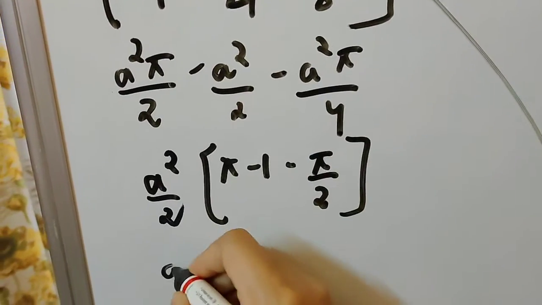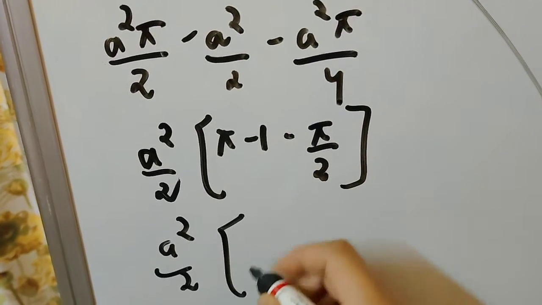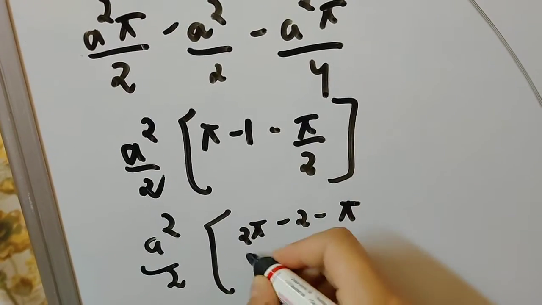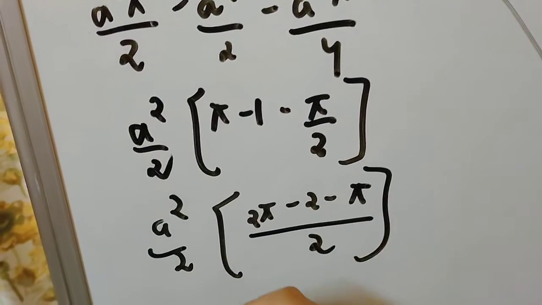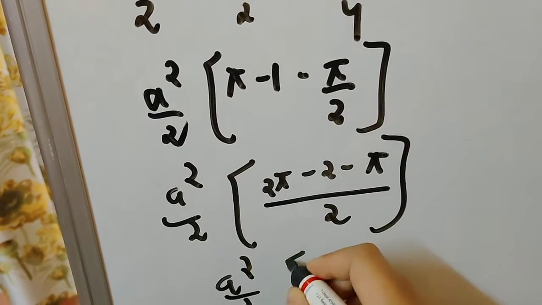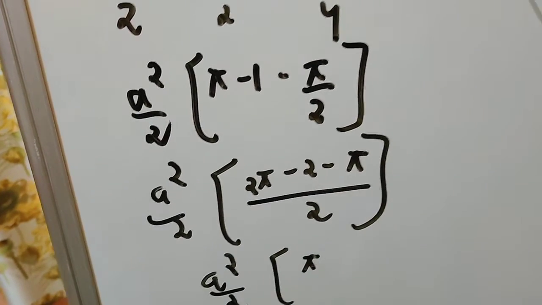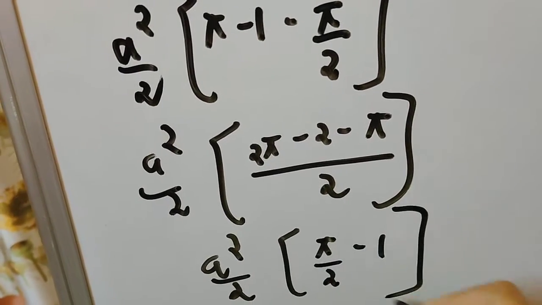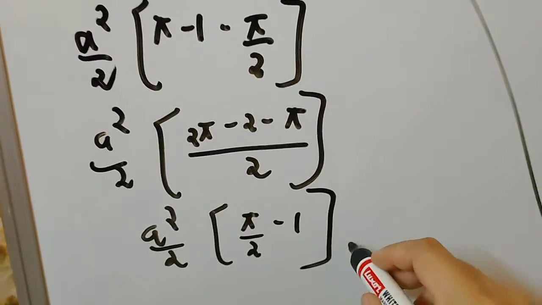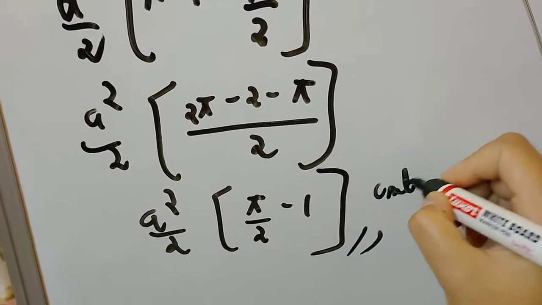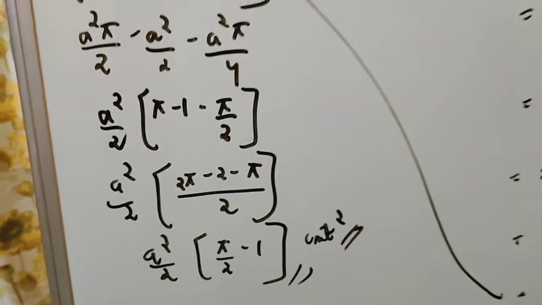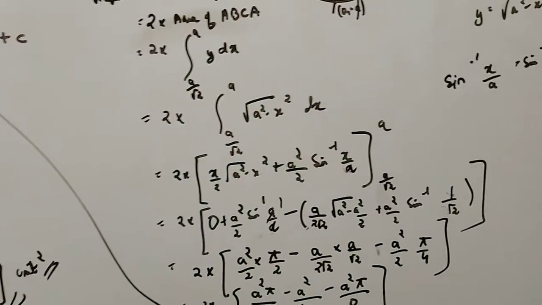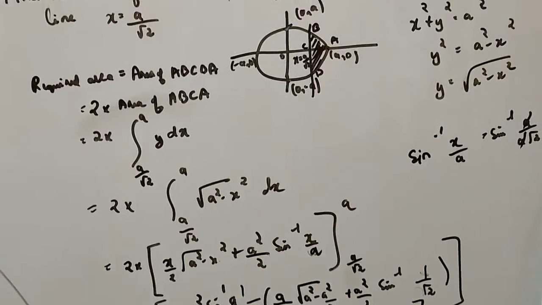Now we will solve this. a square by 2 into pi minus 2 minus pi, you can write a square by 2 into pi by 2 minus 1 once you solve this. This is your final answer, in unit square. So I hope this is clear to you. You just need to calculate here, nothing else. Your calculation must be correct.